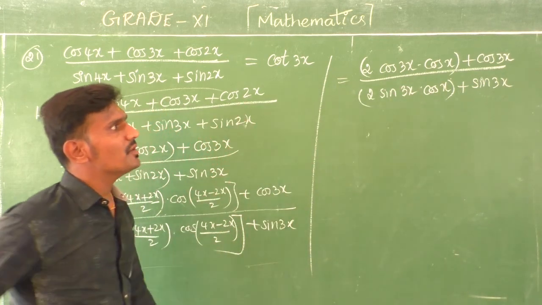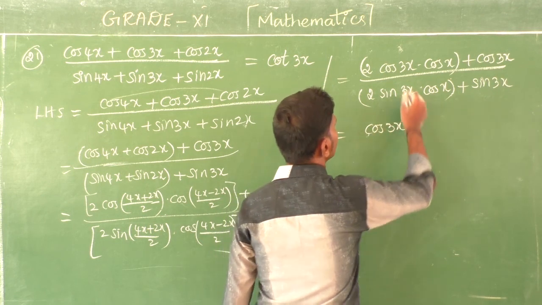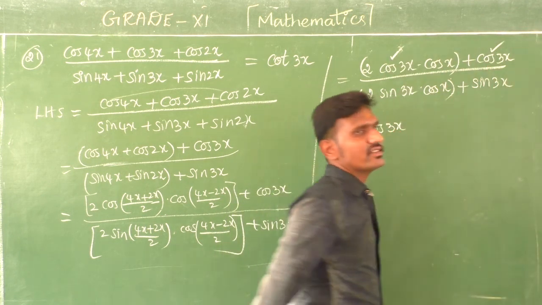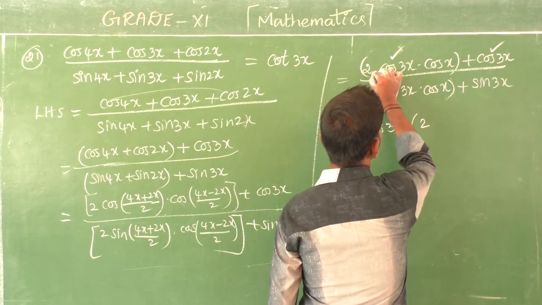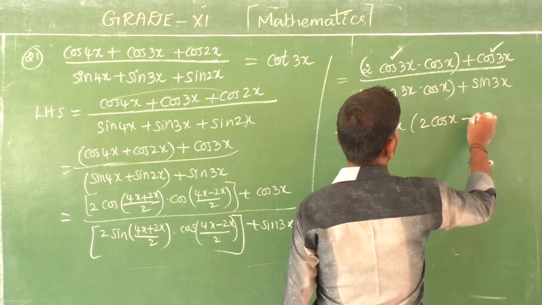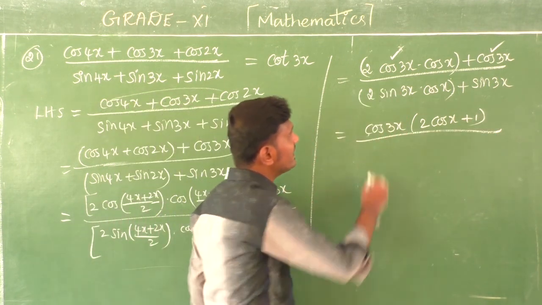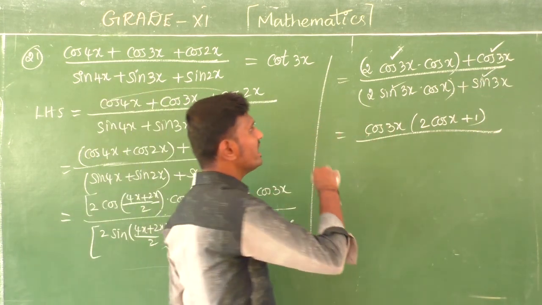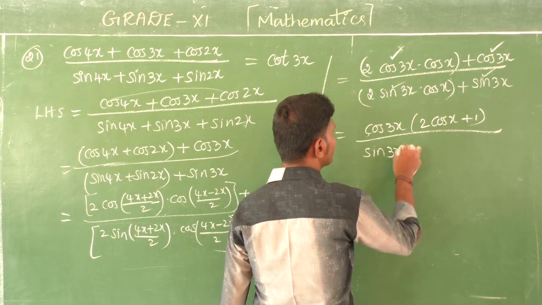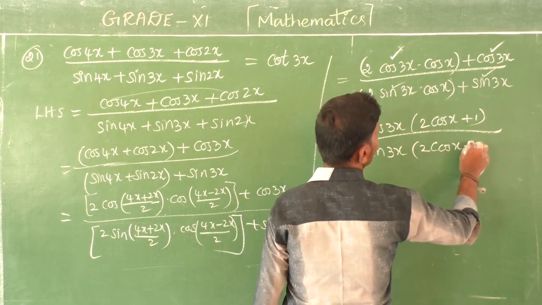Now look at the numerator. You have cos 3x common in both terms, so take it outside. What is remaining is 2 cos x plus 1. In the denominator also you have sin 3x common, so I am taking it outside, and the remaining is 2 cos x plus 1.